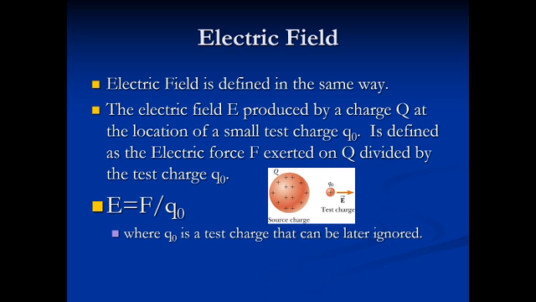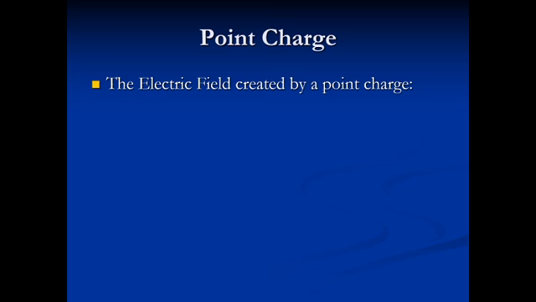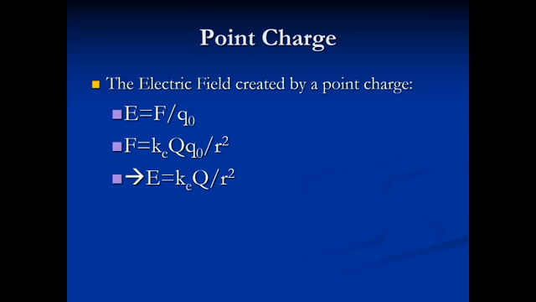One of the ways we deal with electric fields is with the idea that you have a point charge, and that point charge creates this electric field. We know the force is kQQ0 over r squared, so if you divide by Q0, you end up with an effect almost identical to what we got with the gravitational field.